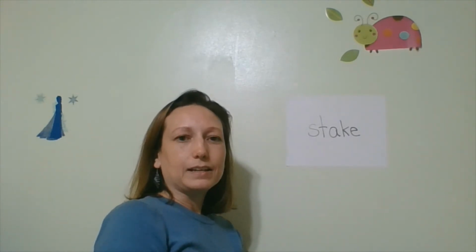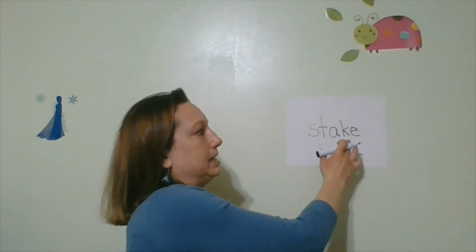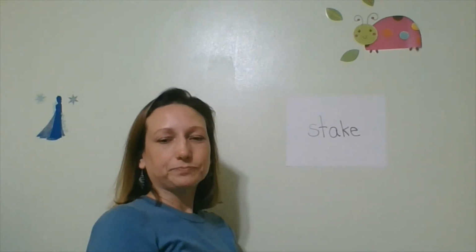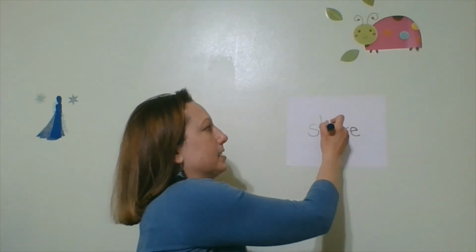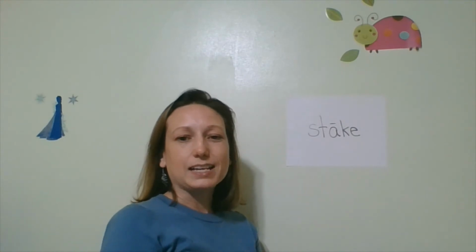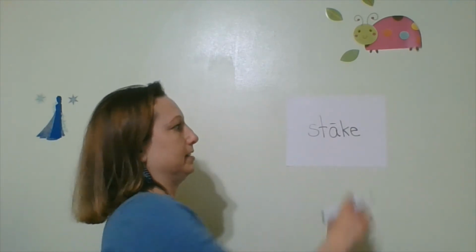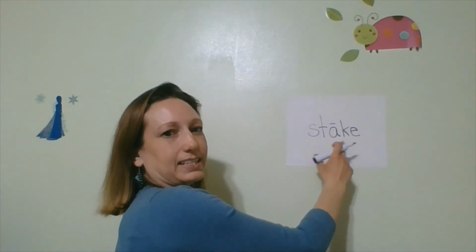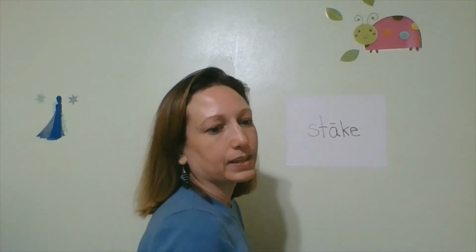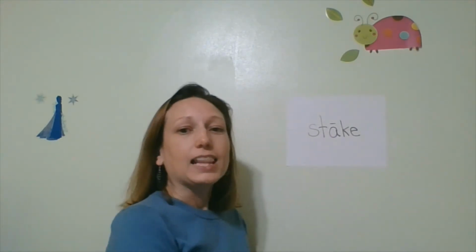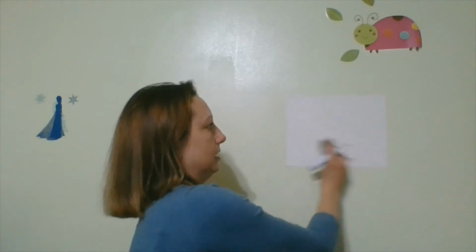And how did we know that it was K-E? My A was long. It was saying its name. So I have A, consonant E says A. Number 5, lime. Lime.